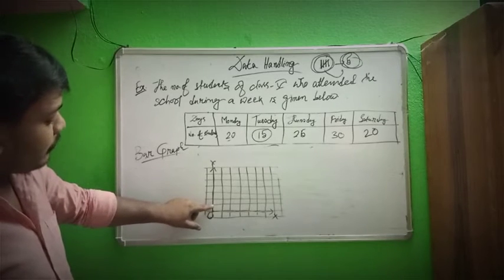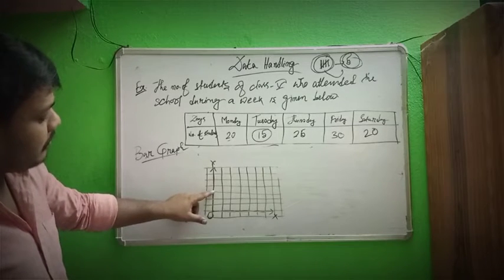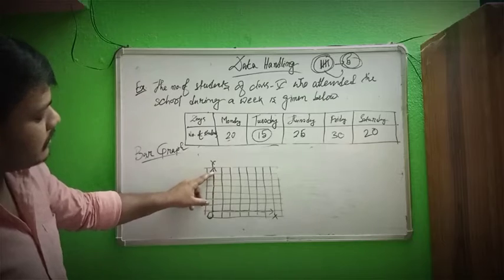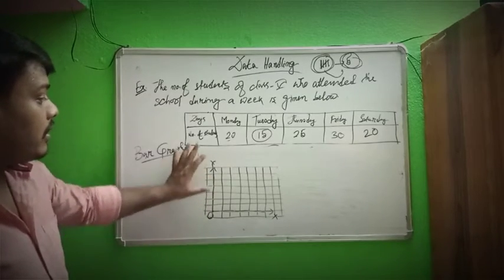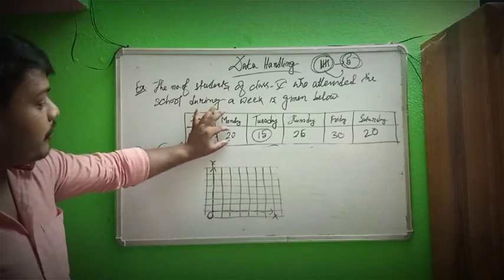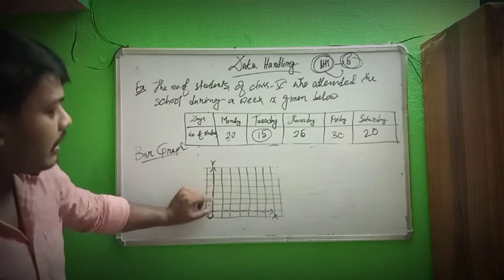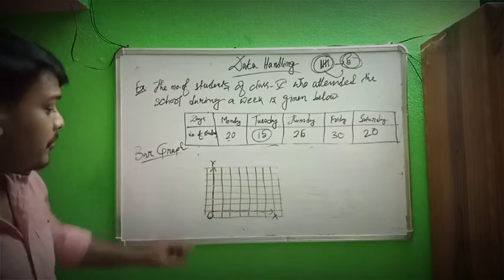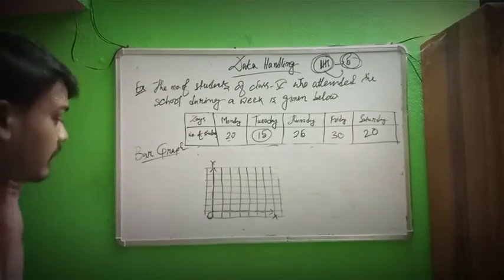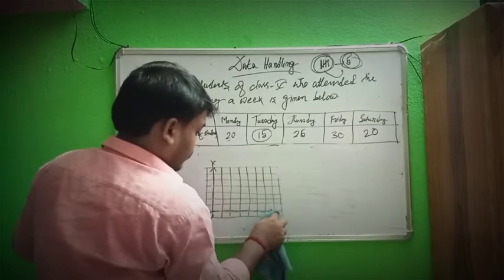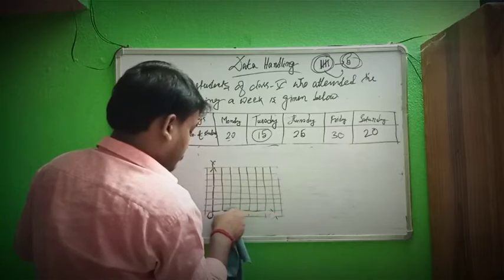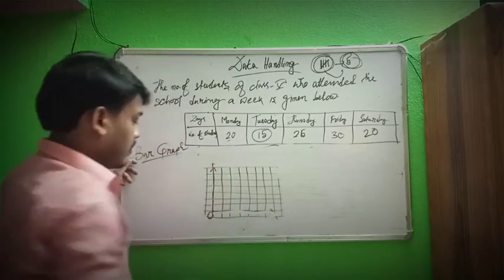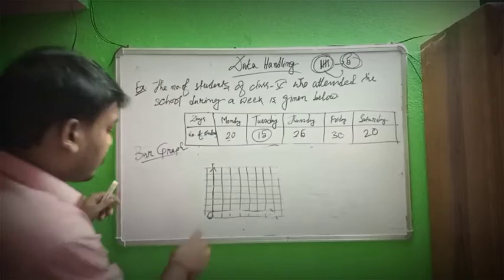Here one division, two divisions, three, four, five, six divisions are given. So if we take one division equal to one, then all the values will not fit in this figure. Or one thing you can do, you can change the axes also.